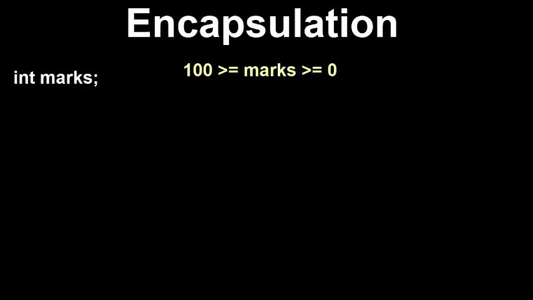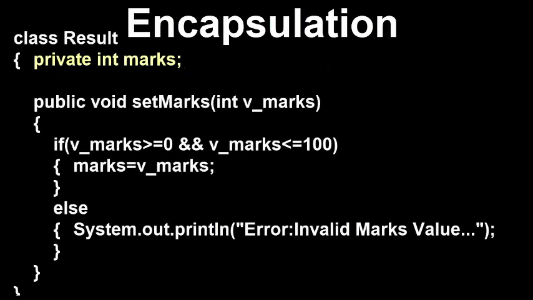But we know variables can be changed, so we need to secure it. And this can be achieved through functions. Here we shall declare marks as private and we shall write a public function setMarks wherein we shall provide an if condition for marks greater than 0 and less than 100.